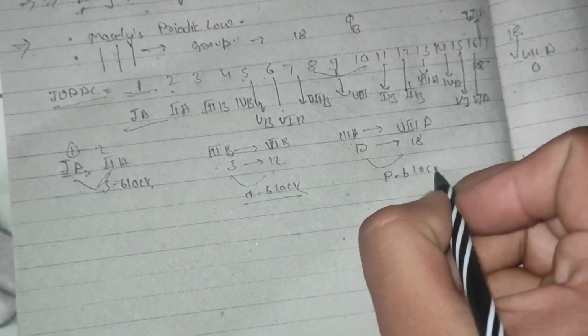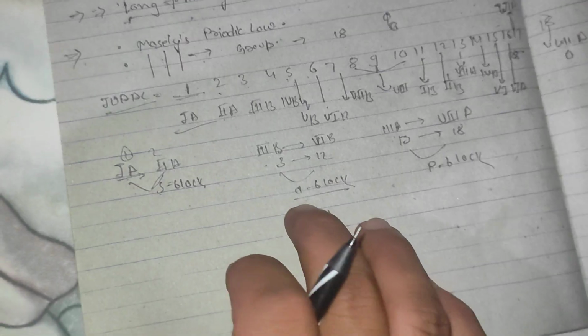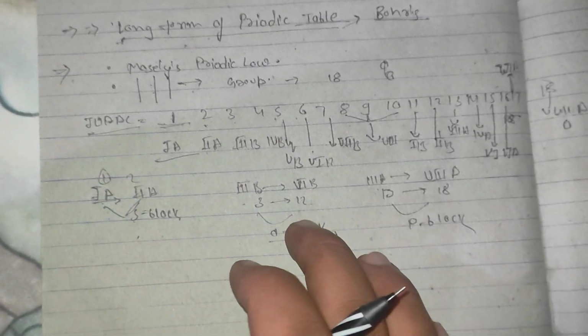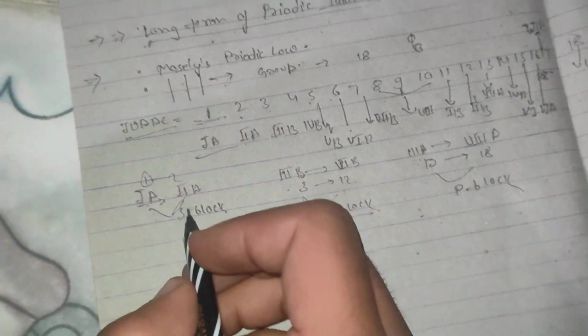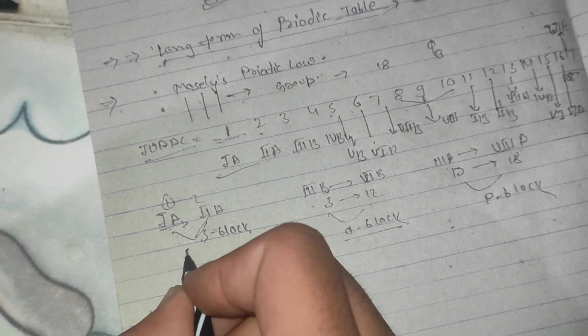And here is the inner transition series, which is also called the f block.